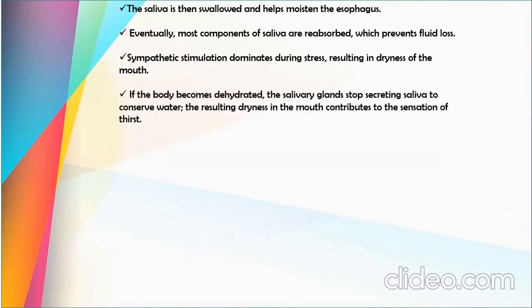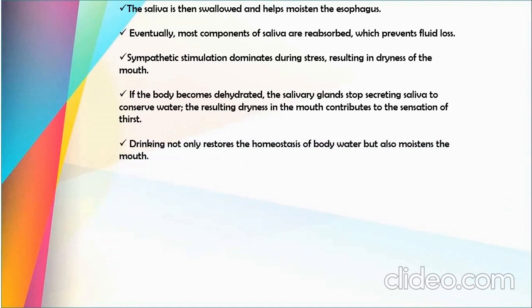If the body becomes dehydrated, the salivary glands stop secreting saliva to conserve water. The resulting dryness in the mouth contributes to the sensation of thirst. Drinking not only restores the homeostasis of body water, but also moistens the mouth.